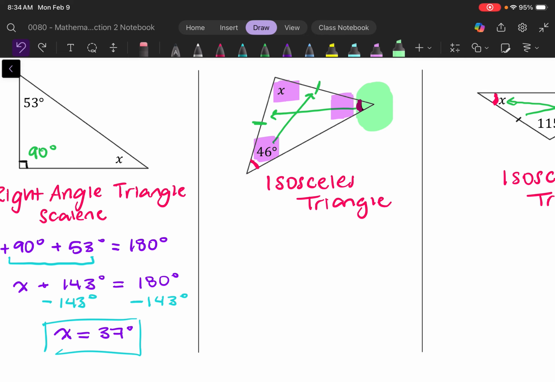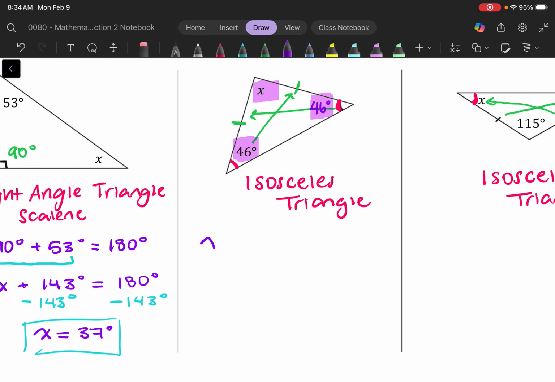I could see that because the congruent angle markings are located there, which means that this angle must also measure 46 degrees. And if those two angles both measure 46 degrees, well then great. I will add both 46-degree angles together with my x to get a total of 180 degrees.